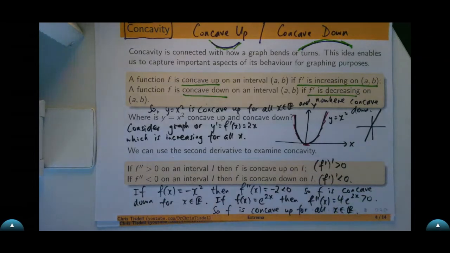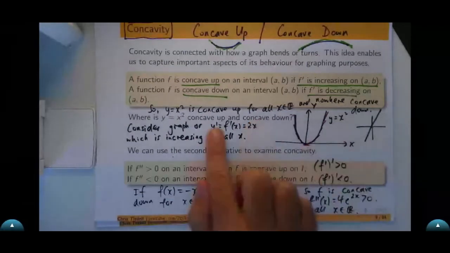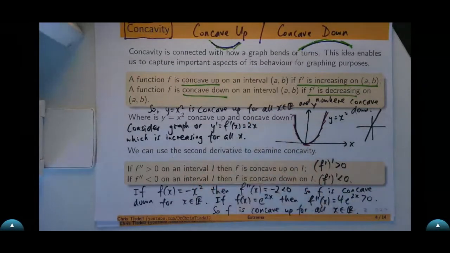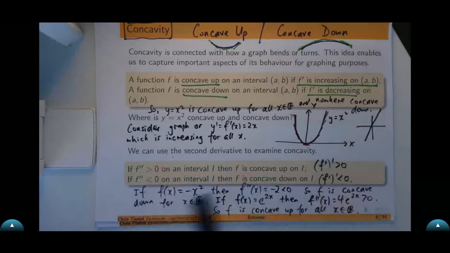Okay, so 3 ways now. Look at the graph, look at the first derivative and see whether it's increasing or decreasing, or look at the sign of the second derivative. This test is probably the easiest in my opinion, because you just differentiate twice and look for the sign.